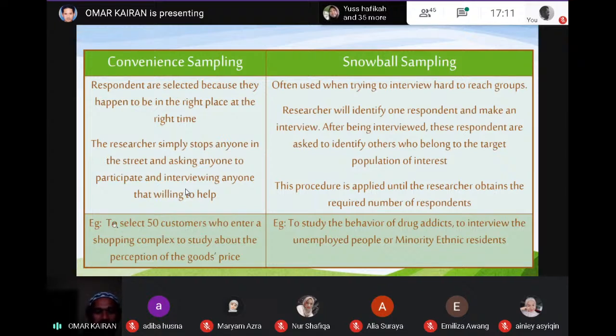Okay, so as given here example, to select 50 customer who enter shopping complex to study about the perception of good price. Okay, select 50 customer aja. Okay, so customer siapa? Kalau customer contohnya customer apa dia? Customer kedai buku contohnya. So you just select as you want. Okay?